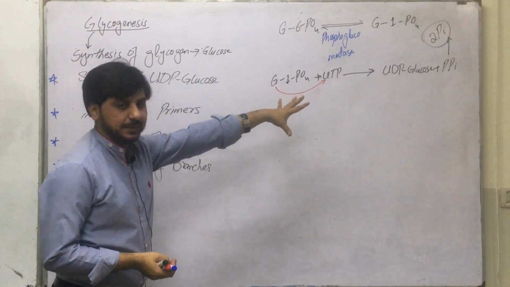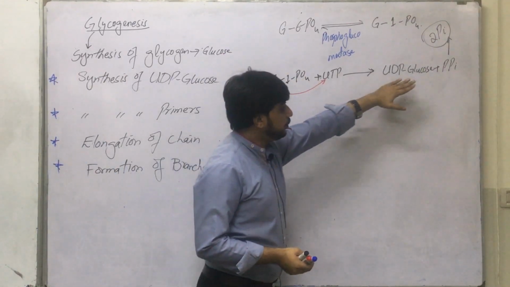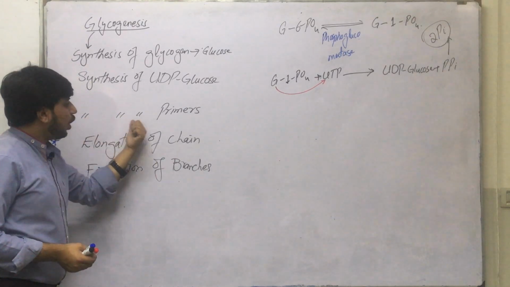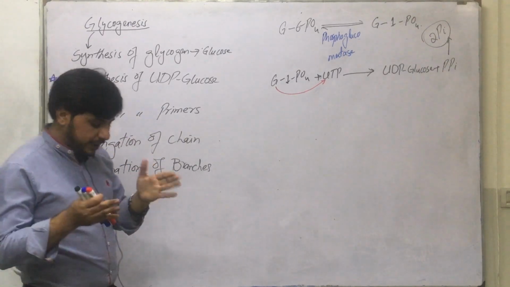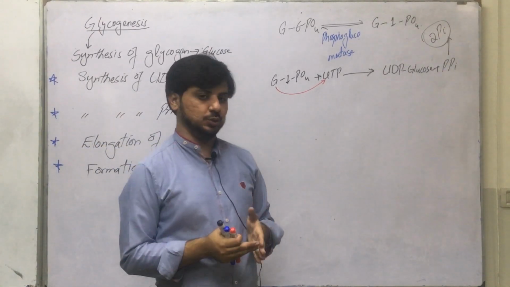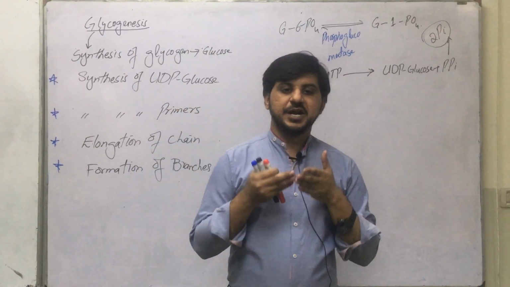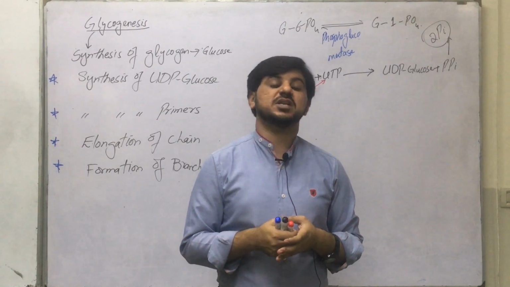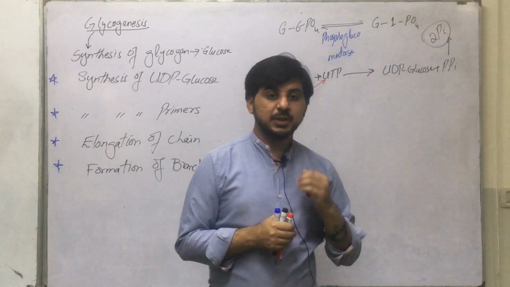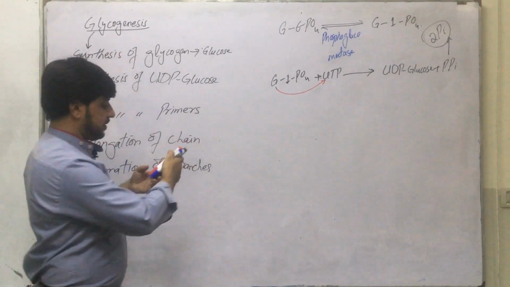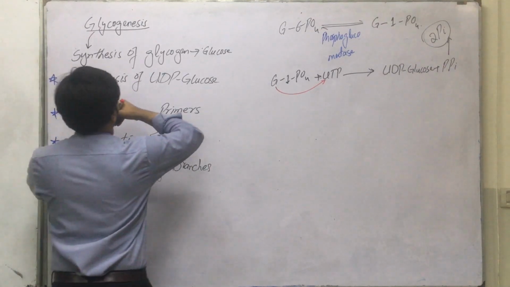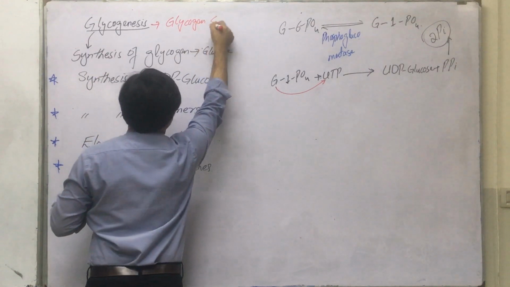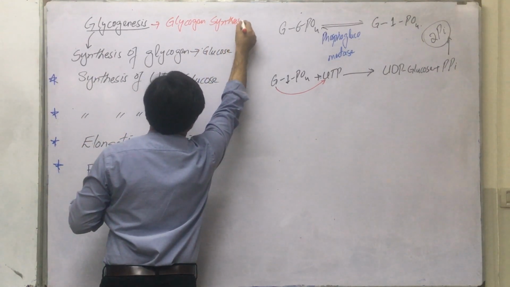after this first step, after the synthesis of UDP glucose, the second step is the synthesis of primers. What is the primer? A primer is a molecule which is required to act on the glycogen synthase, because the key enzyme of this glycogenesis is glycogen synthase.